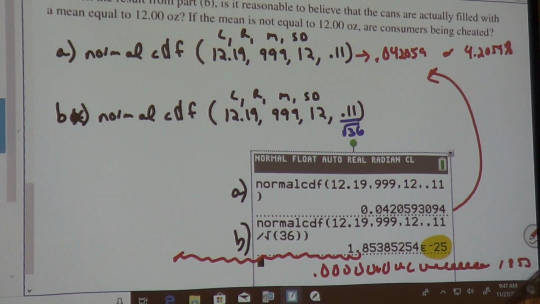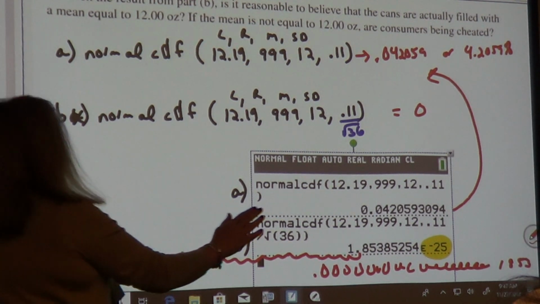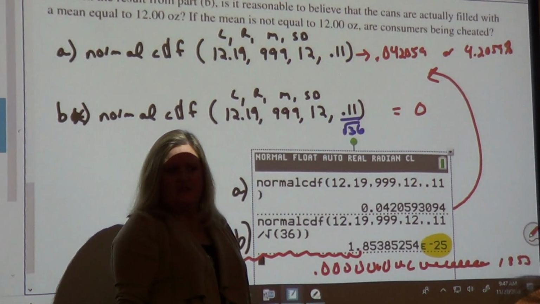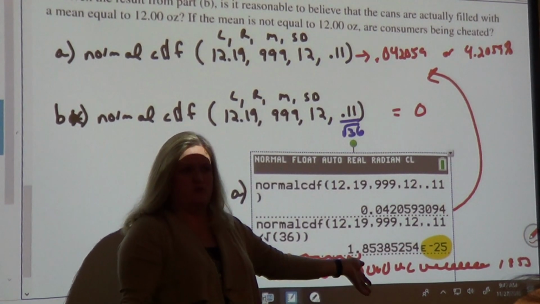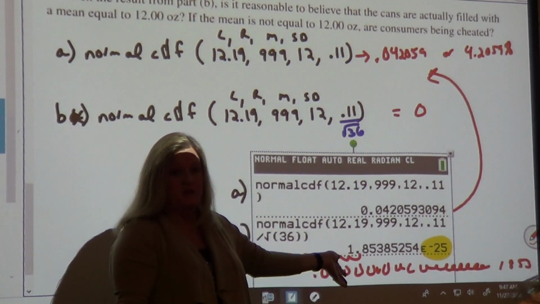So what's the answer to the second one? A lot of people don't even look, they just say the answer is 1.8534, or whatever. The answer is really 0, or 0.0000, however they want it, but it's 0.